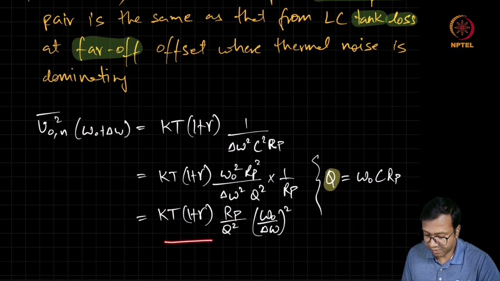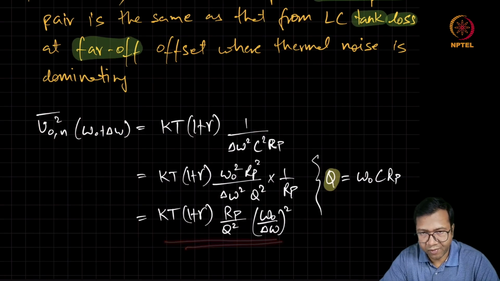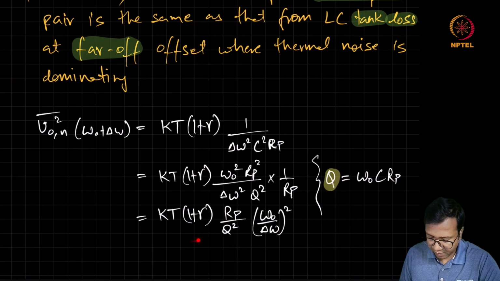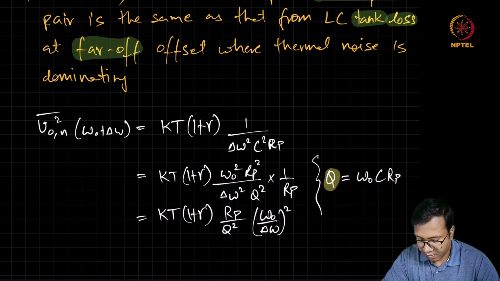So this expression is the output voltage noise. This is not the phase noise. To find the phase noise, we need to just normalize this voltage noise with the carrier power or the LO power.